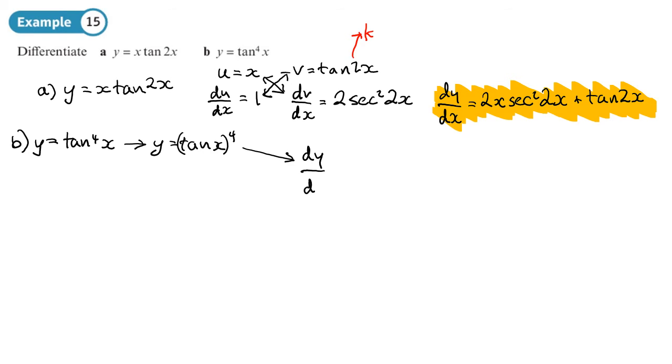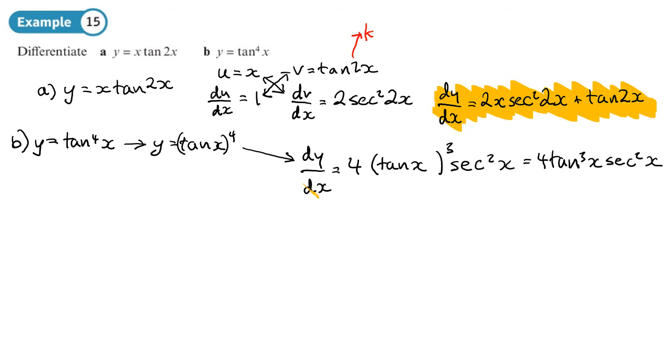But it's easier to use the rule that you differentiate the outside, the inside of the bracket doesn't change, and then you multiply by the inside of the bracket differentiated, and tan differentiated is sec squared. We could leave our answer like that, or we could write the power here instead. It's the same thing, it doesn't make any difference.